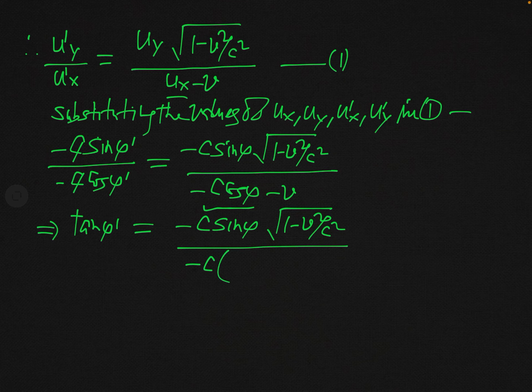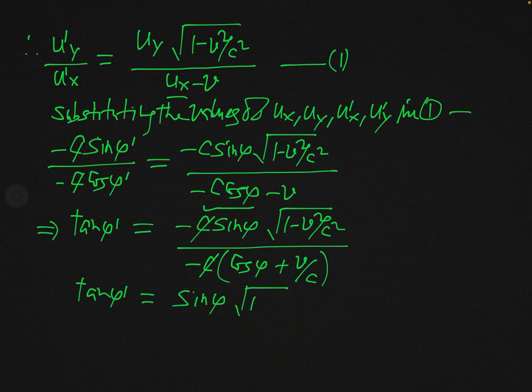So if we take minus c as a common factor, then result will be cos phi and plus v over c, and you can see now this minus c and this minus c will cancel out, and our result will be tan phi prime equal to, you can see this is sin phi into root over 1 minus v square by c square over cos phi plus v by c.